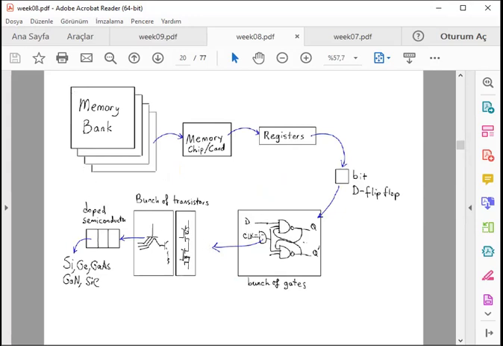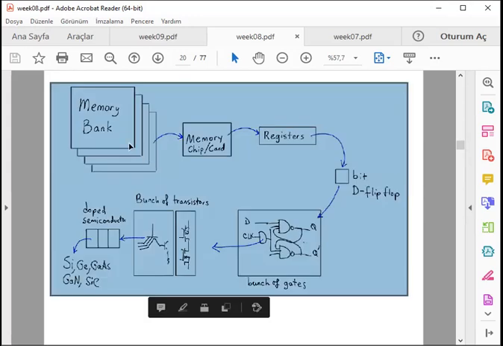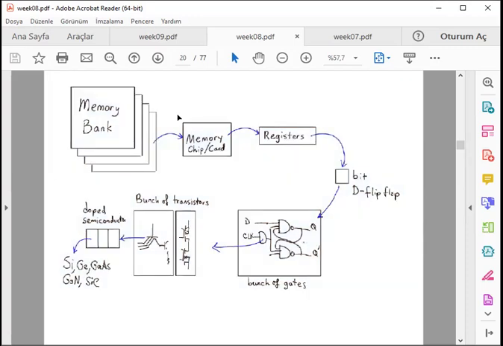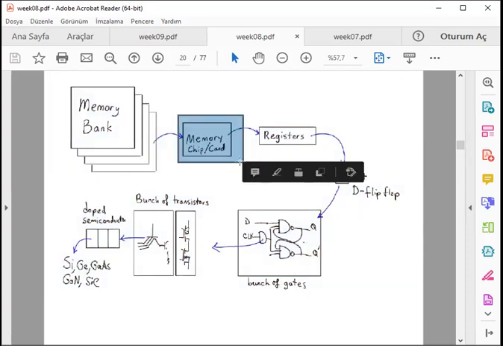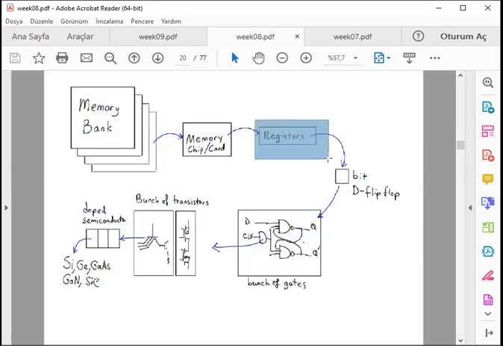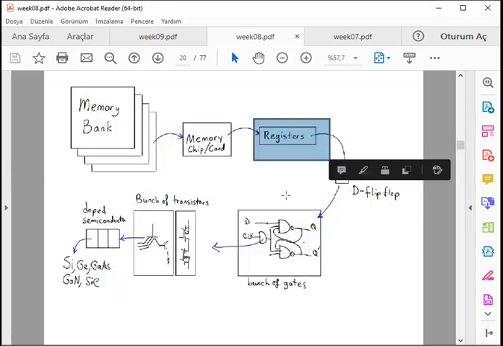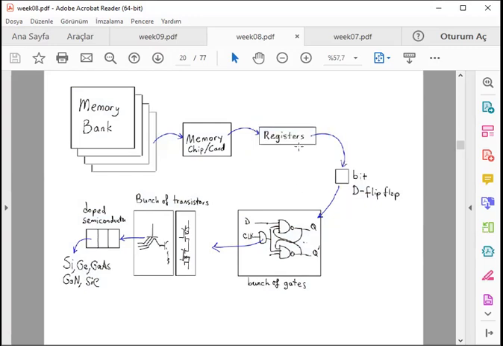here we see a brief summary of what's inside a memory bank. Each memory bank consists of multiple sections. Those are identical cards or circuit parts, and each part is either a memory chip or a group of memory chips in a card. Each memory chip or card contains many registers depending on the capacity of the memory.